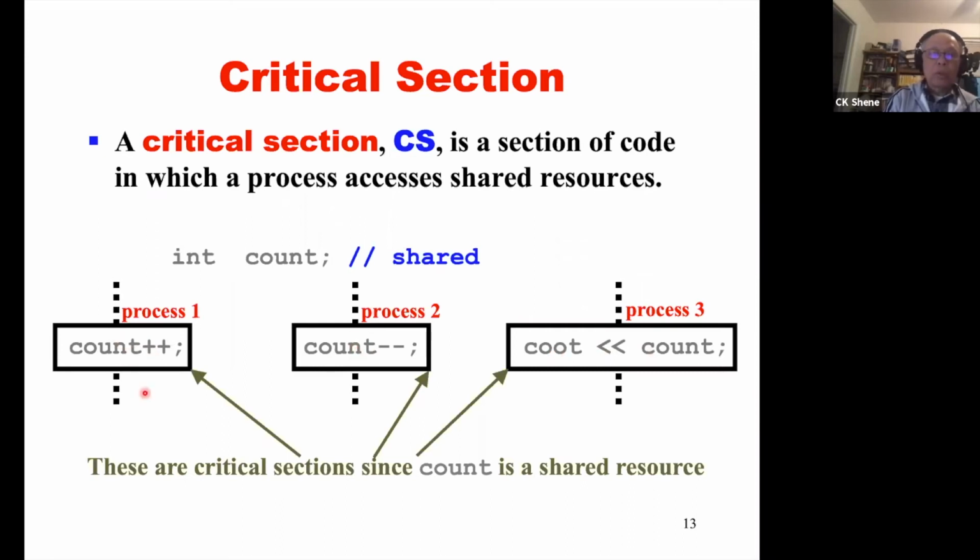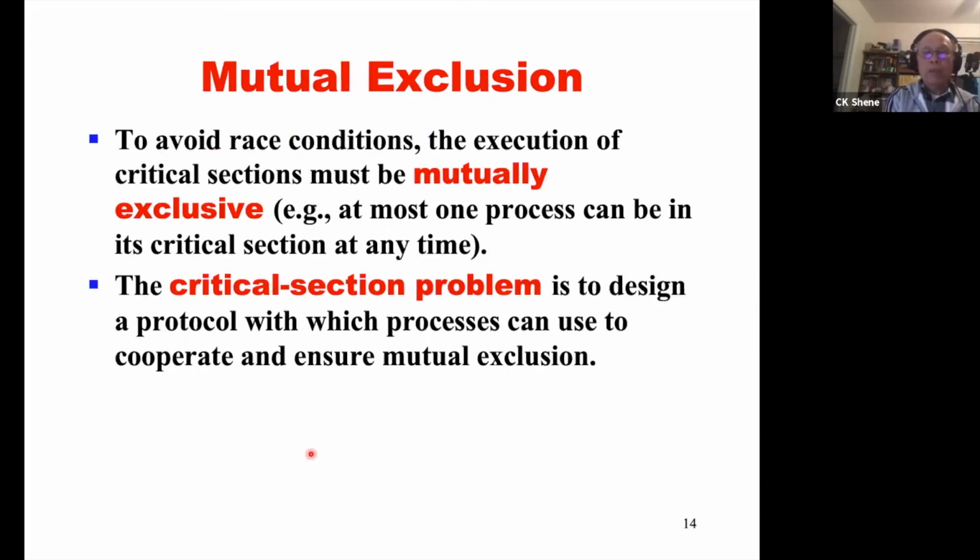So of these 3 processes, only one would have a chance to touch the common variable count. In that way, we will say these 3 processes access the critical section in a mutually exclusive way.